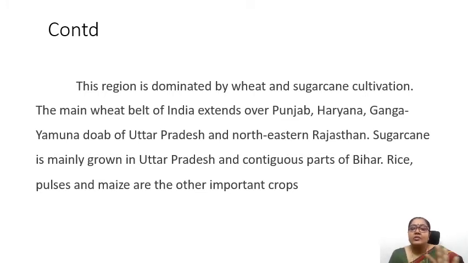In these stretches the farmers became rich, they had a huge production, and farming became the main source of income for the people. Sugarcane is mainly grown in Uttar Pradesh and contiguous parts of Bihar. Rice, pulses, maize and other important crops are also grown in these areas.